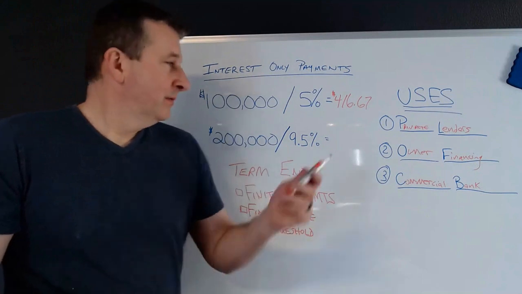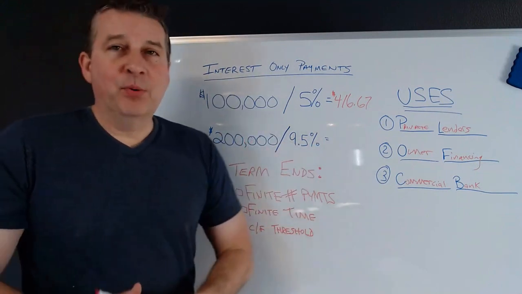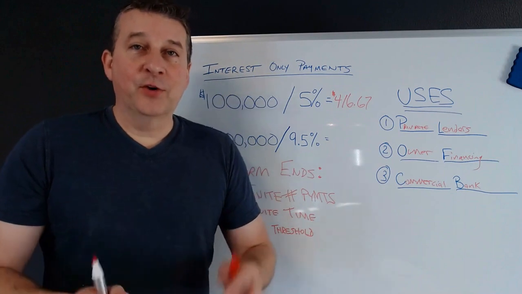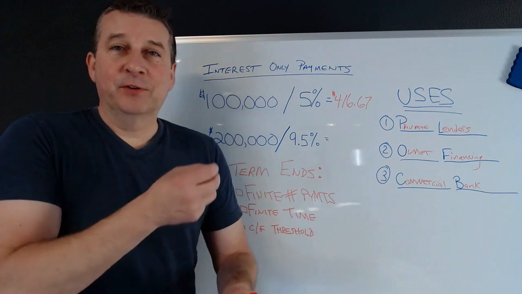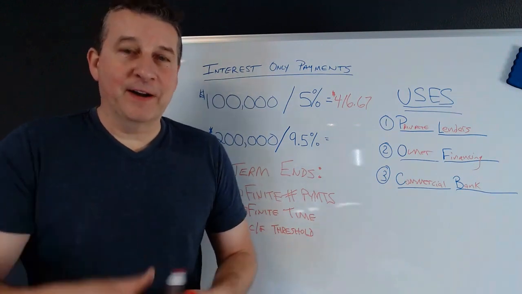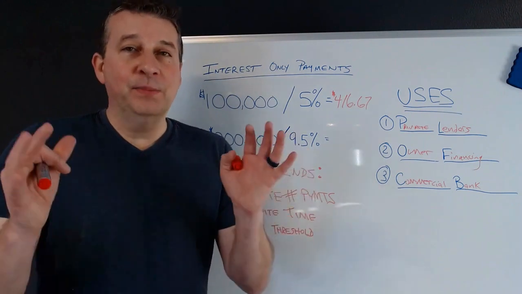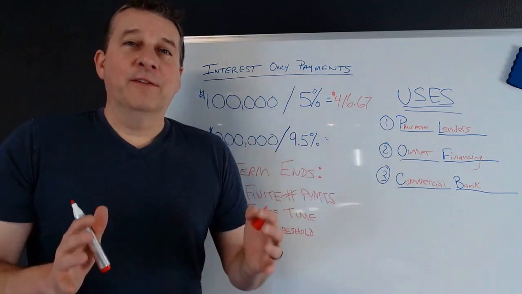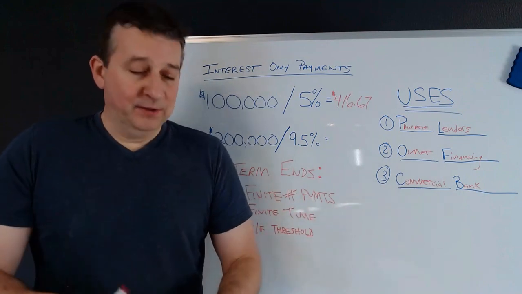Second example, suppose we're borrowing $200,000 at a 9.5% interest-only payment. You take 200,000 times 0.095, moving the decimal over two places, and you come up with $19,000. So that's what it would be over the entire year. Then we divide it by 12 monthly installments, if your payments are monthly.